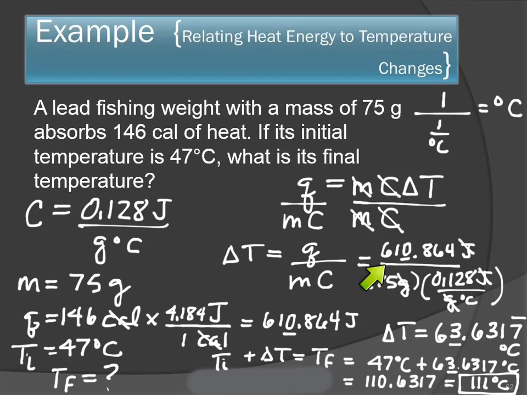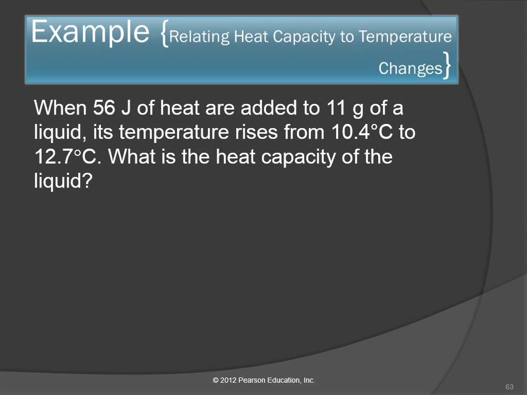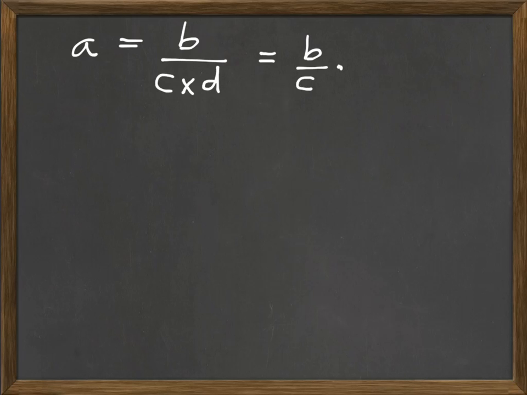Let's talk about this whole dividing by two numbers that are multiplied. Let's say that A equals B over C times D. This is the same as B over C times 1 over D. Would you agree with me?